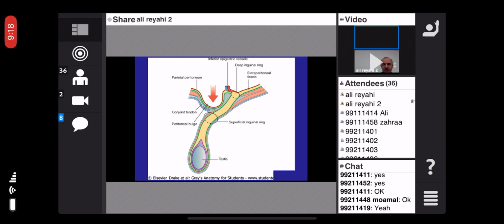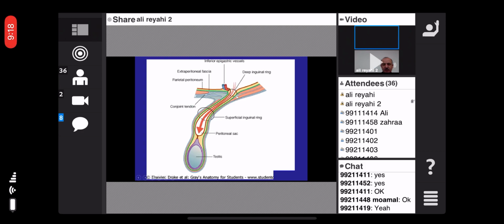Okay, and the other type of hernia: if the coil of the small intestine enters the deep inguinal ring like this picture, enters the inguinal canal and finally reaches the scrotum, it's called the indirect inguinal hernia.